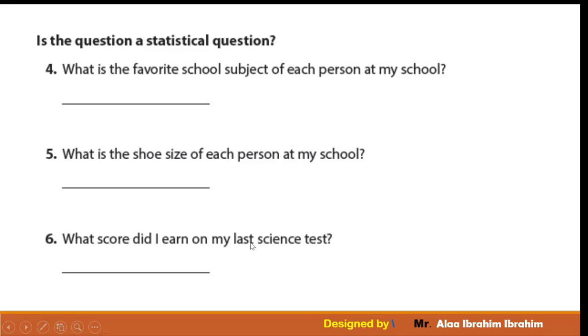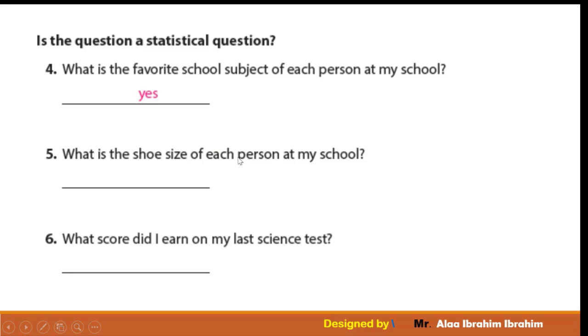To know if this is a statistical question, I have to check whether it is a single value or a group. I'm dealing with different values or one value. So what is the favorite school subject of each person? I'm dealing with many persons here. So that's yes, because I'm dealing with a group or different data here. What is the shoe size of each person?